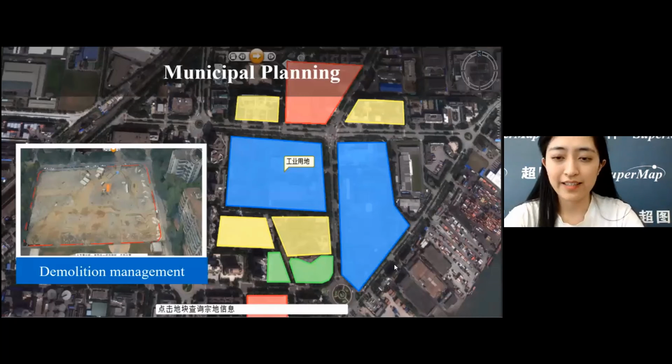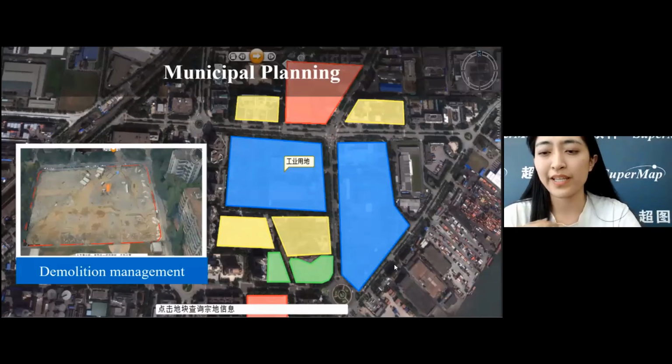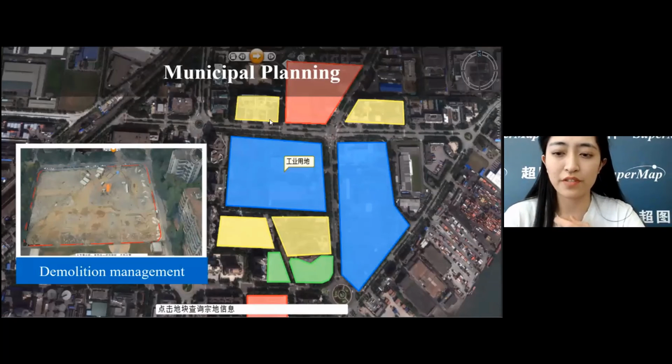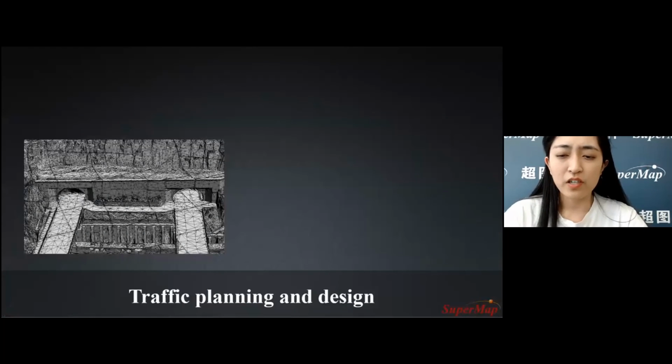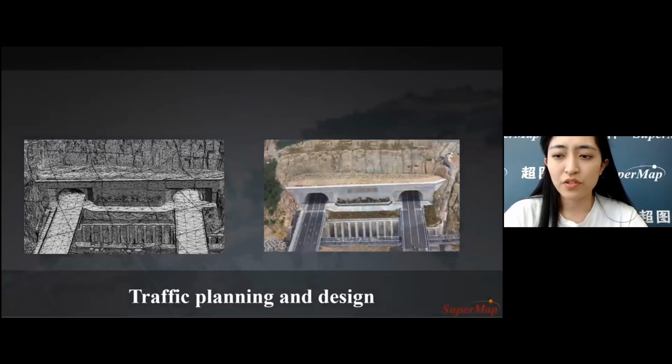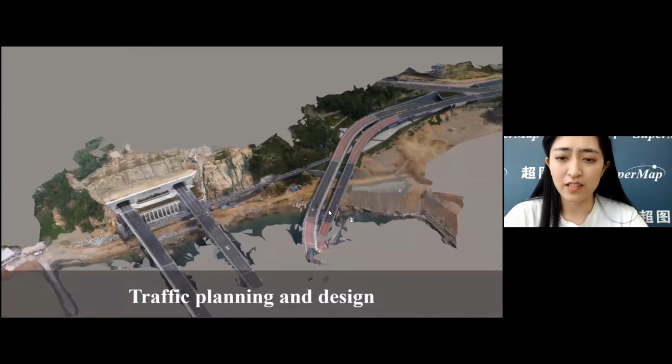Okay, next, there are some other applications in the aspect of municipal planning, realizing the management and inquiry of parcel information and demolition management. In terms of traffic planning and design, it could assist in the design of expressways and high-speed rail lines.